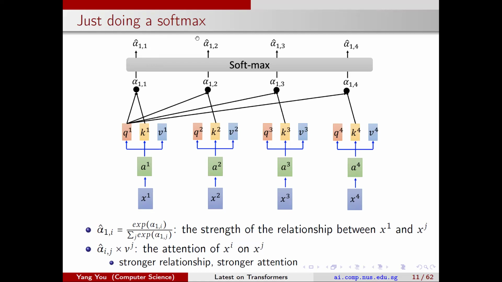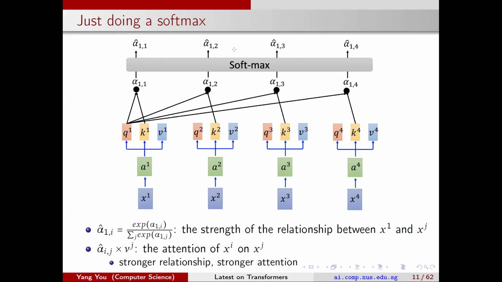It's just a kind of normalization. So actually alpha hat and alpha have the same idea or meaning. We just want to do a normalization, to make this easier to compute.